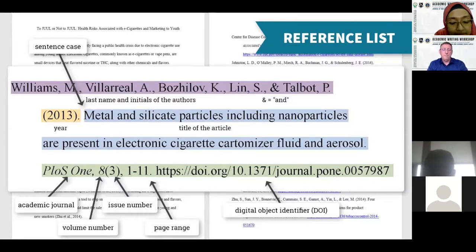Yeah, they don't use that anymore unless it particularly applies to something that changes. So yeah, this here is a very common reference.